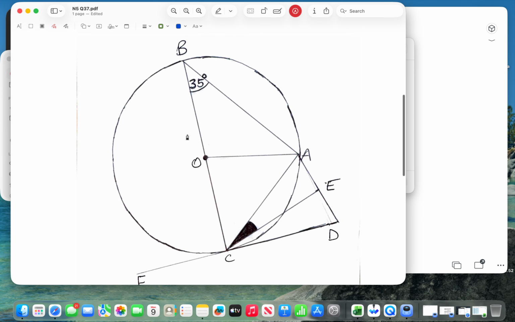So we're going to start with this triangle, this one.